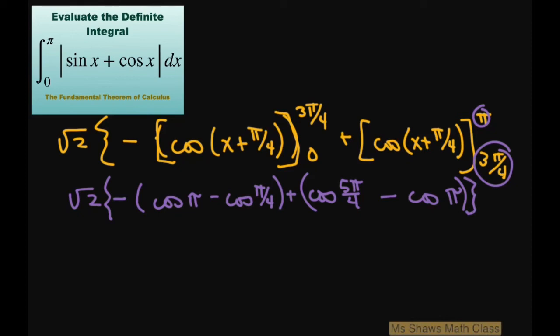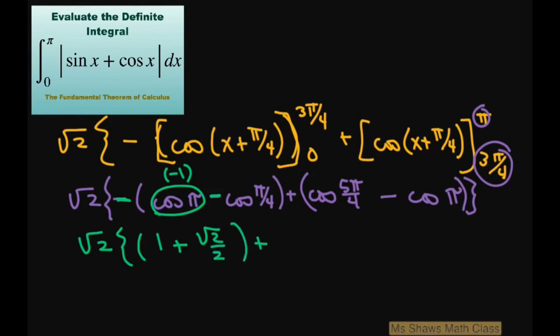All right, now let's simplify this. Cosine of pi equals negative 1, so we're going to get square root of 2 times negative times negative, which is 1, plus, and this is because two negatives make a positive, cosine of pi divided by 4, which is square root of 2 divided by 2.